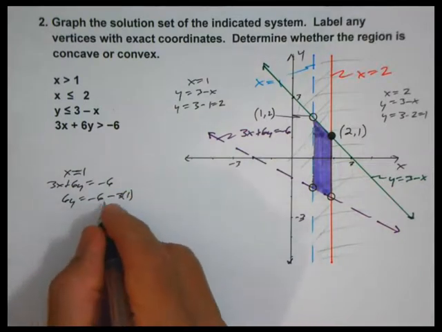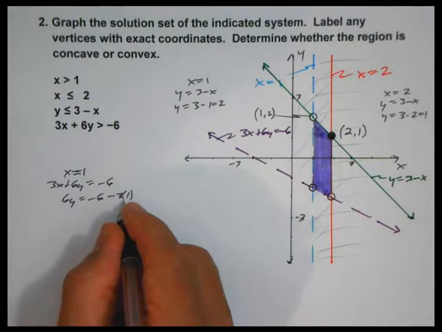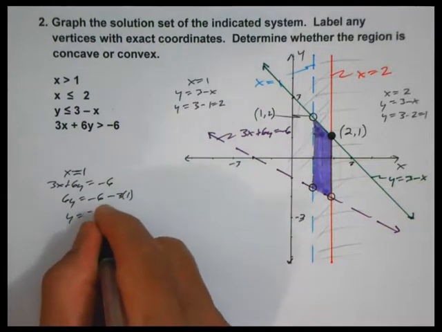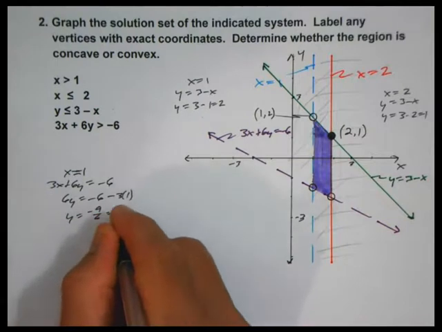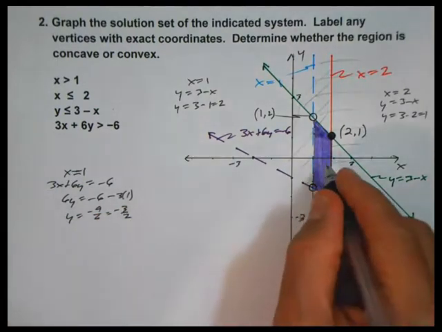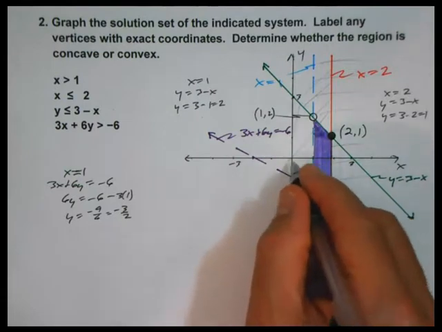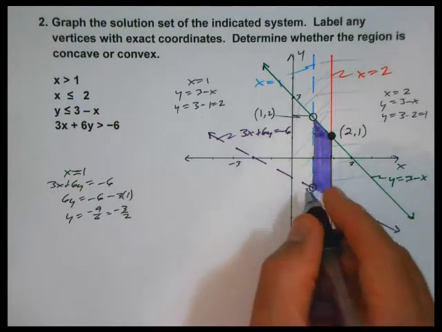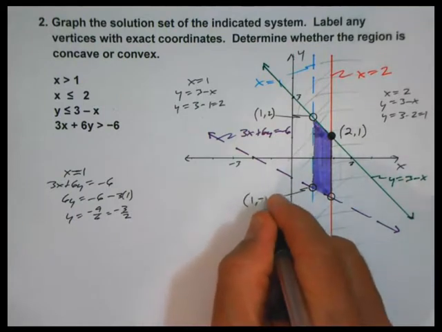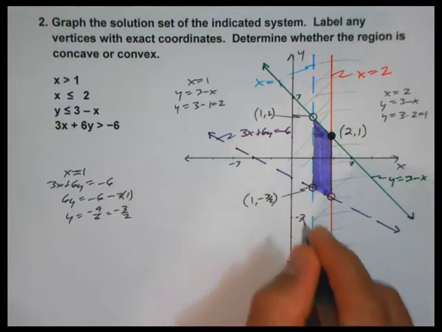That would be negative 6 minus 3, negative 9. So y ends up being negative 9 over 6, better known as negative 3 halves. Does that look graphically consistent? 1 and negative 3 halves? Yeah, it looks pretty good. Let's label it: 1, negative 3 halves.